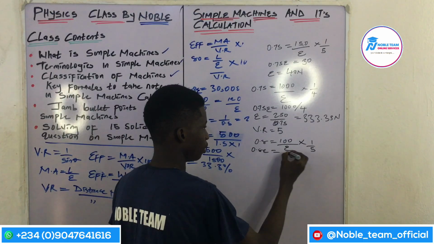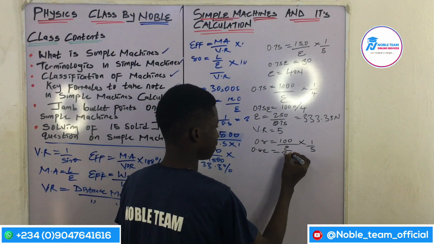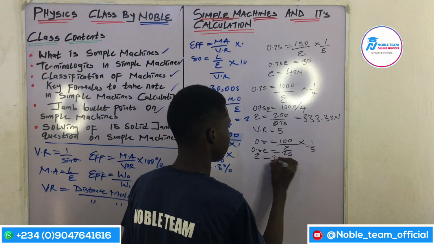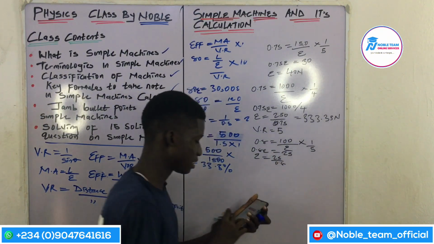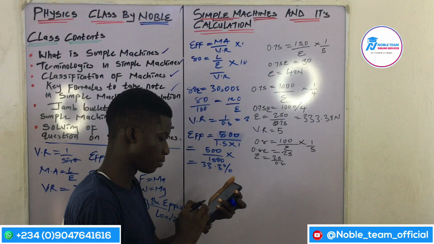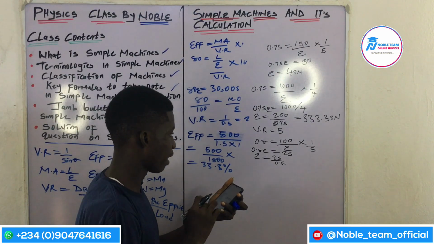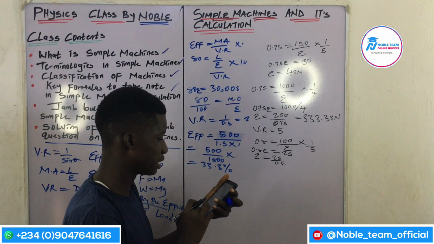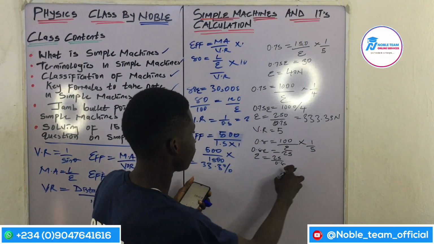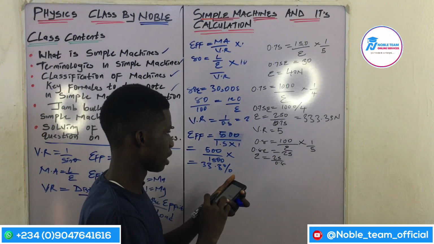I'll have 25, which is E equal to 25 divided by 0.8. I think this is around 40. Let me be sure. 25 divided by 0.8.